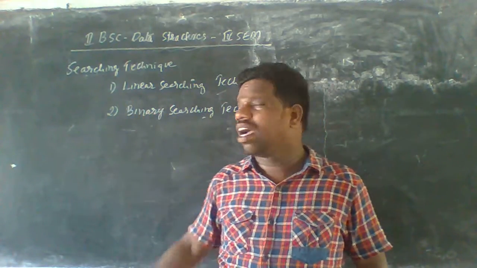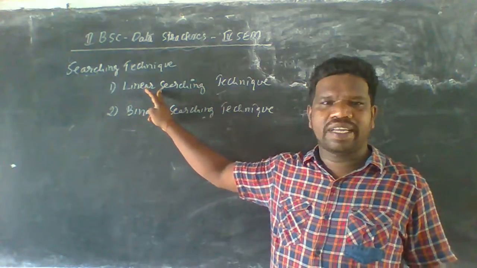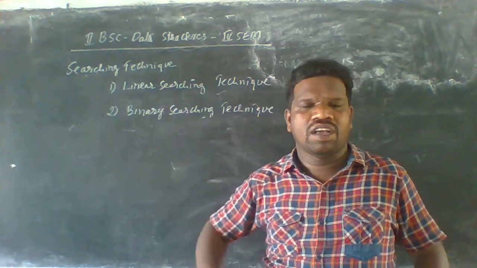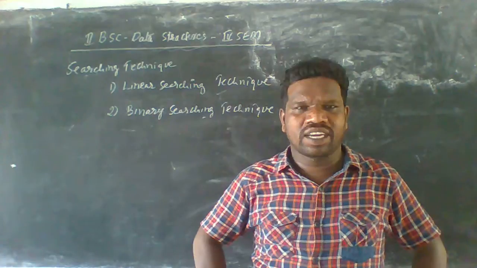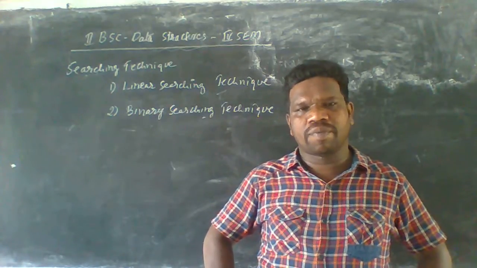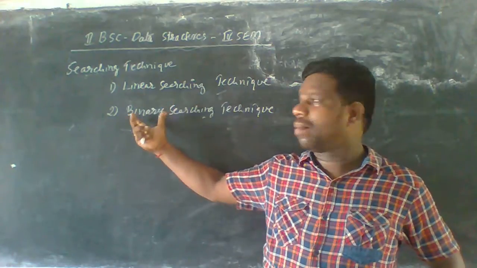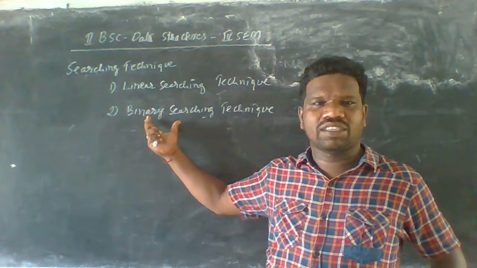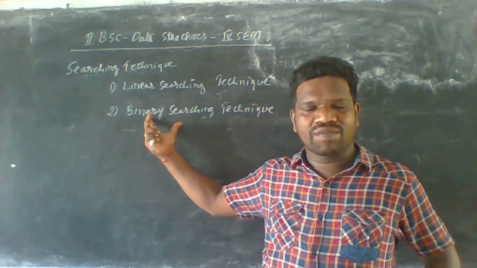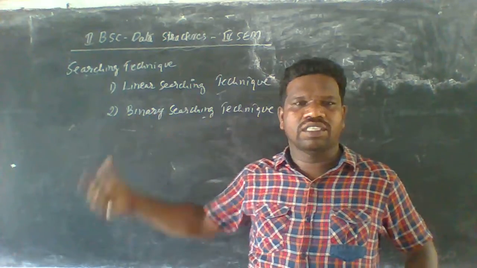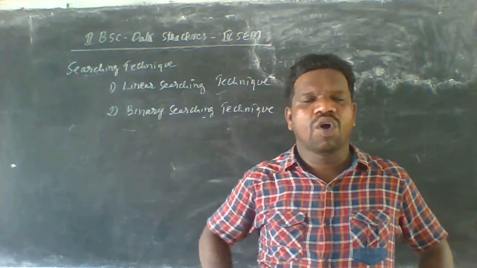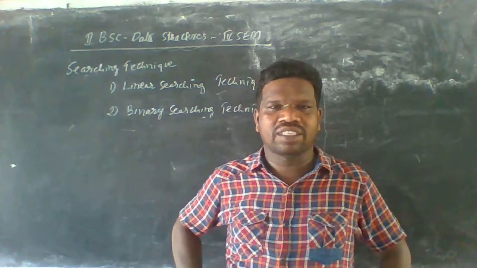Linear searching can find elements in a one dimensional array or a two dimensional array, whatever it may be. But binary searching can search for the element only in one dimensional arrays.